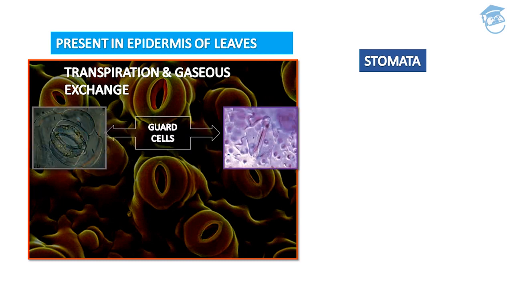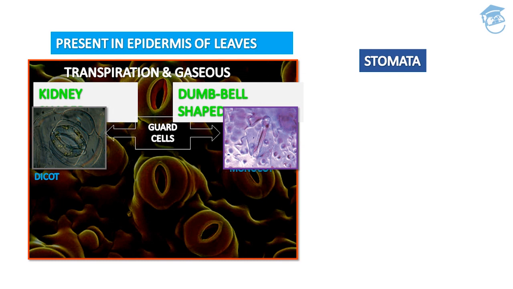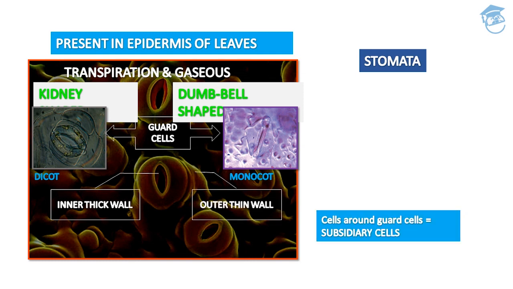These are the types of guard cells. This is kidney shaped, which is present in dicot, and this is dumbbell shaped, which is found in monocot. And see, this is the stomata or the guard cells of the stomata. It has an inner thick wall and the outer wall is very thin. The cells around the guard cells are subsidiary cells, that means cells which are outside the guard cells.